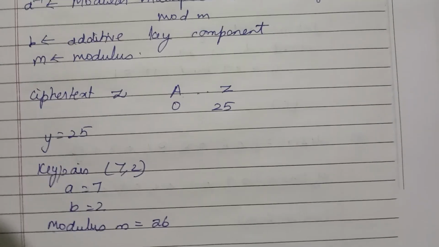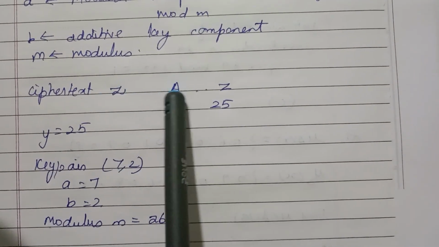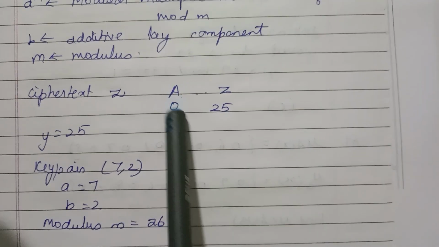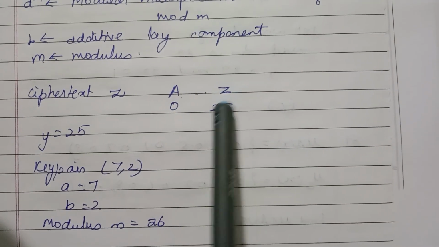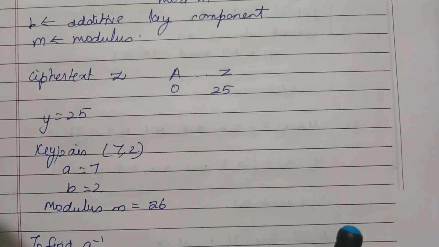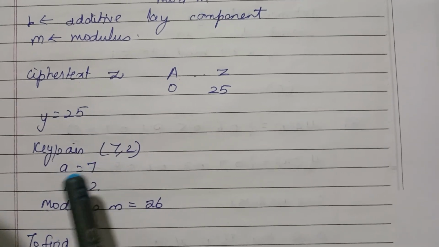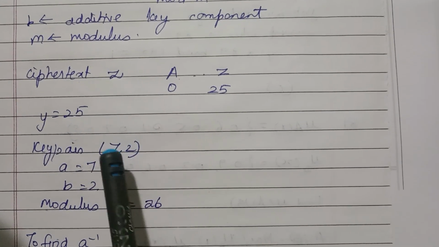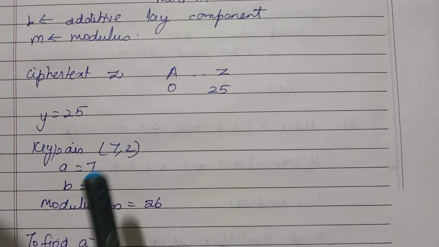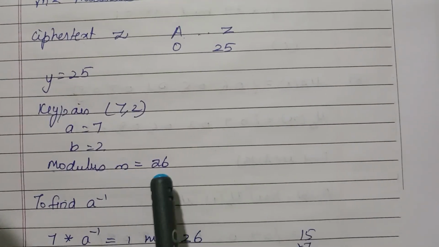Here they have given the ciphertext Z. Write the values: A is 0, so the Z value will be 25. So here y will be 25. Then they have given the key pair 7 and 2, so a is 7 and b is 2. And modulus m is given as 26.